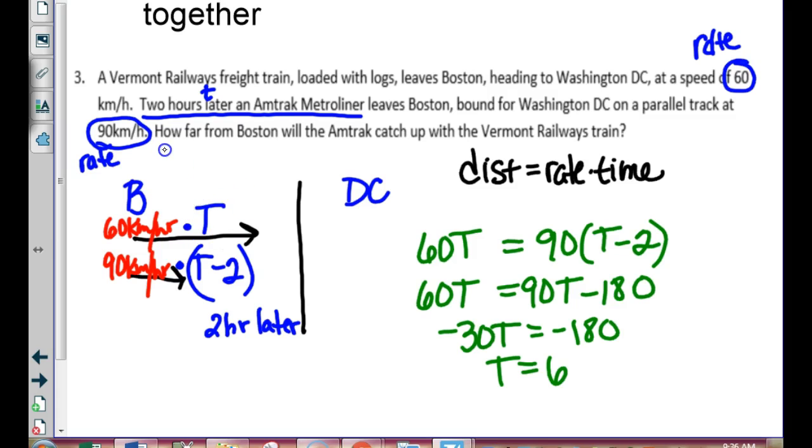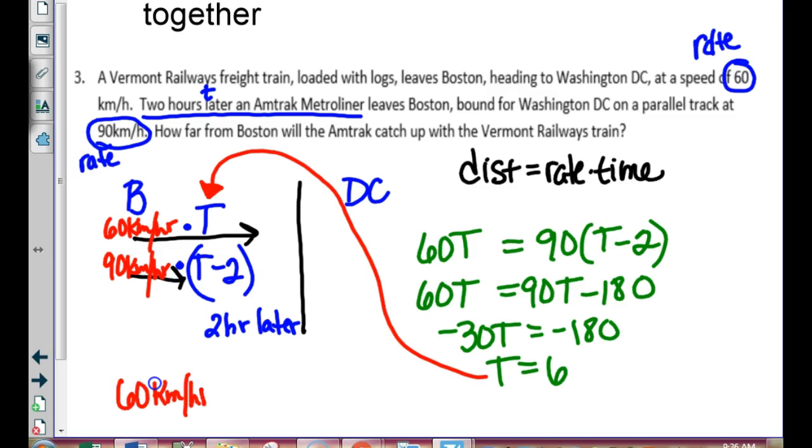But it actually asks how far from Boston. So we need a distance. What can we do? Yeah, we just need to plug it back in, right? This train was going 60 kilometers per hour for 6 hours. So that's 360 kilometers down the path, the rail.